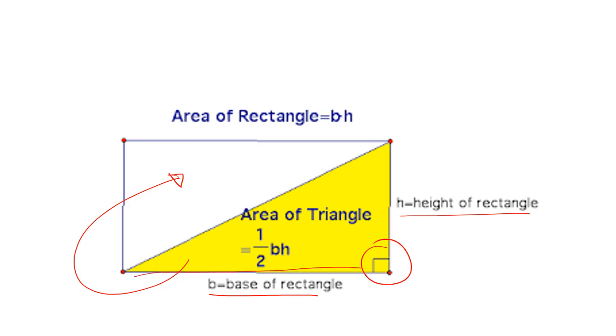It's this length times this length. Since we know that the white triangle area is the same as the yellow triangle area, we know that the yellow triangle is half of the rectangle in terms of area. So if the area of the rectangle is base times height, then the area of the triangle would be 1/2 of that, 1/2 the base times height.